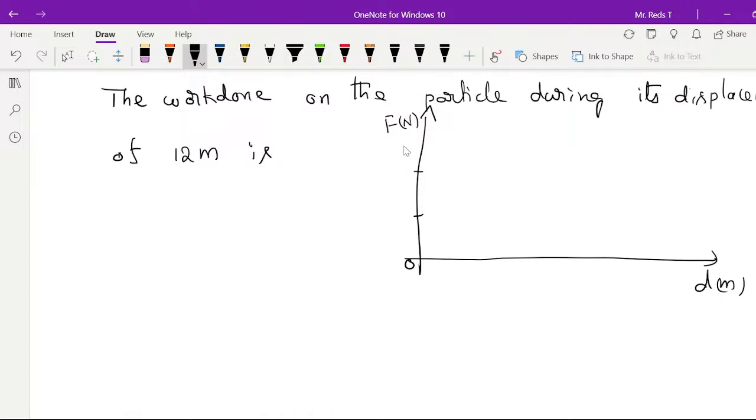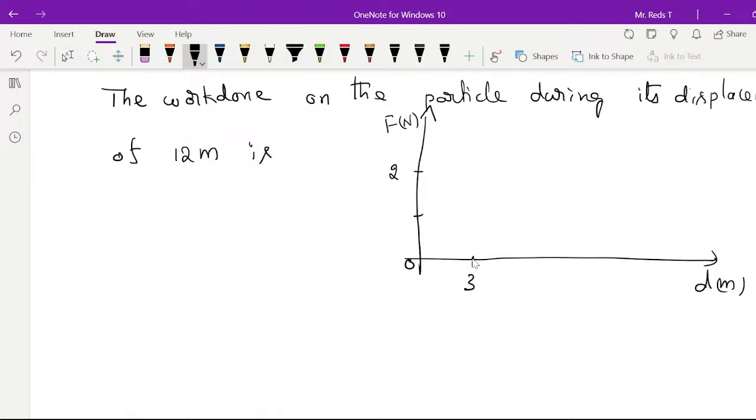At d equal to 0 position, no force acts. According to the graph, no force acts, as the force F on the particle moving in a straight line varies with the distance. Here till 3 meter position, no force acts.